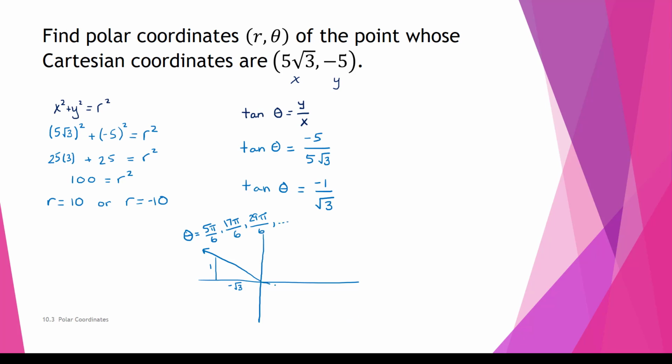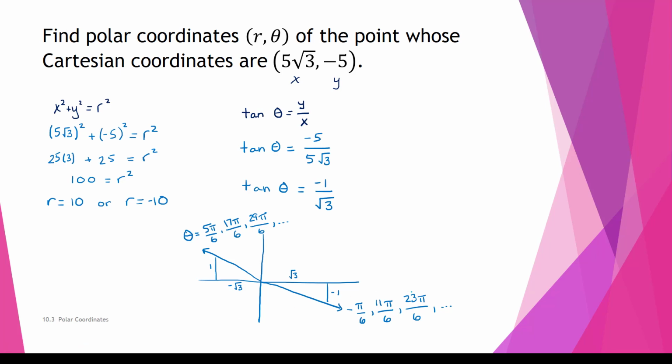The angle in the fourth quadrant that has tangent equal to -1 divided by the square root of 3 is negative pi divided by 6, or 11 pi divided by 6, or 23 pi divided by 6, and so on. So now the question is, how do we take our possible values for r and our possible values for theta and put them together accurately?